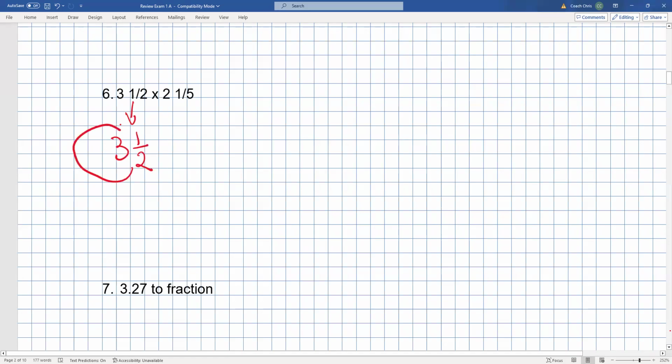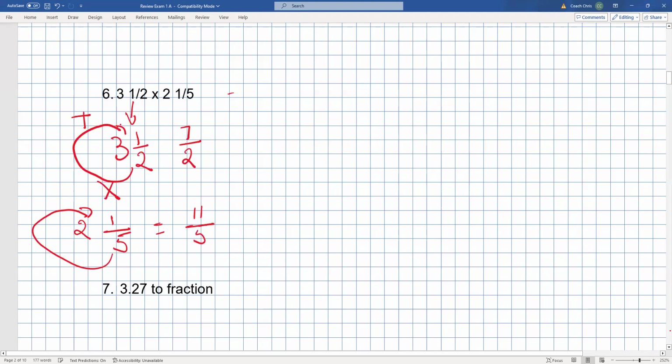You use the C method: you multiply, and to the result you add. So 2 times 3 is 6, plus 1, you have 7 over 2. Let's do the second one, which is 2 1/5. Do the same thing. We multiply 5 by 2, 10, plus 1, you now have 11 over 5.